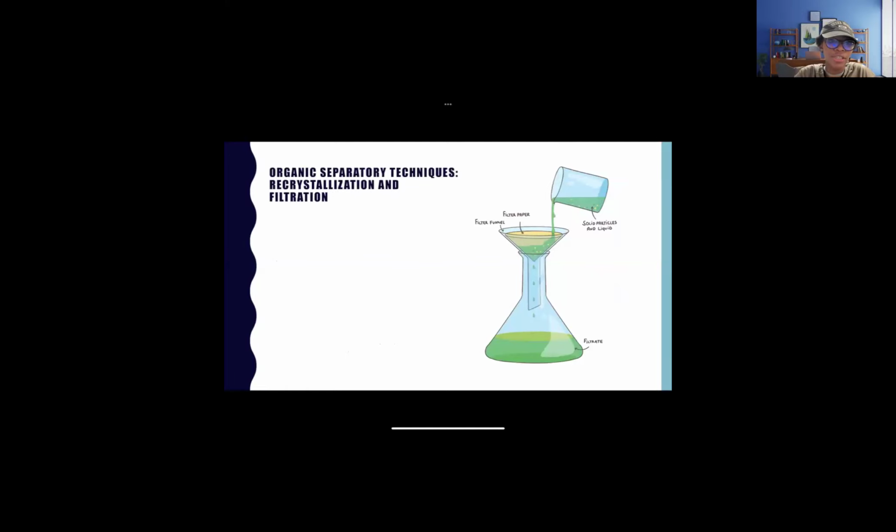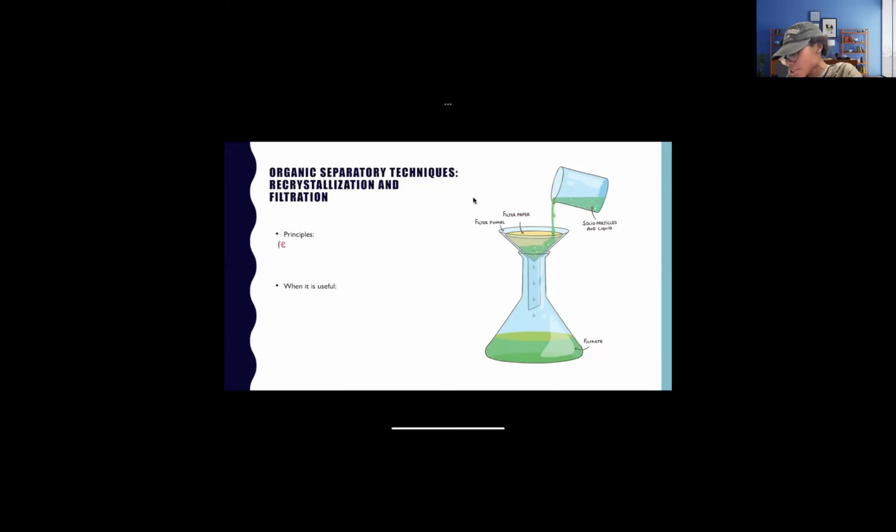Recrystallization and filtration. For everyone who's taken Orgo or Gen Chem lab, we end up doing recrystallization experiments. Why do we do them? Purity, exactly, to get a more pure compound.